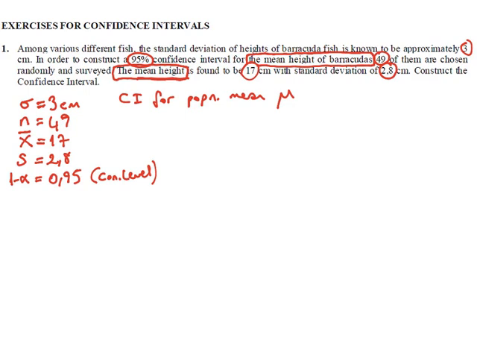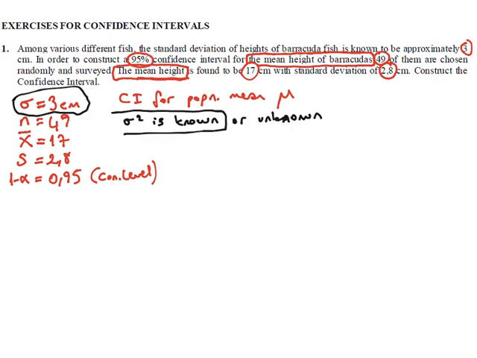So now we need to decide which formula should we use. The first thing you need to do is check whether sigma square is known or unknown. Since we have sigma, we can say that sigma square is known.